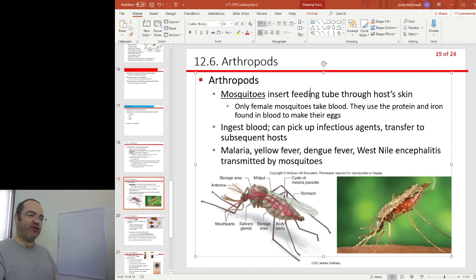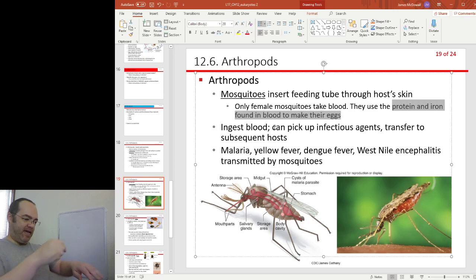It directly penetrates our defenses and comes into contact with our tissues, so it is the perfect delivery mechanism for many of these diseases. One interesting fact about mosquitoes is it's only females who are biting you. In fact, the males don't even have mouthparts. They use protein and iron found in blood to make their eggs.